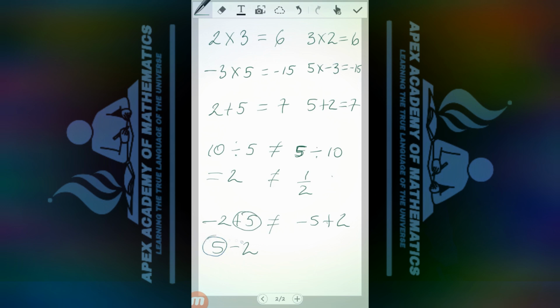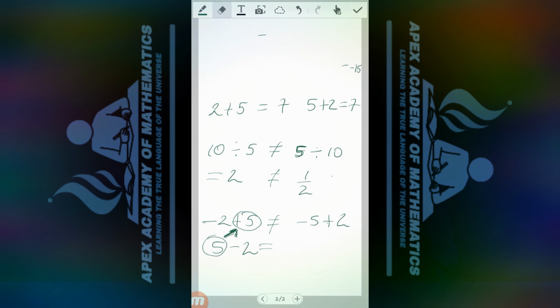So I've changed the order, but that is under the concept of addition. But if you were to change the sign, let's say make the 5 negative and the 2 positive, then you would not get the same answer. But if you change the order in terms of how you are adding or subtracting, you will get the same answer. So hopefully you somewhat understand the concept of that explanation.